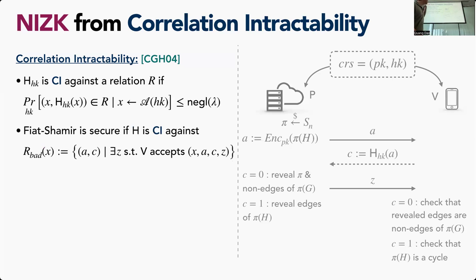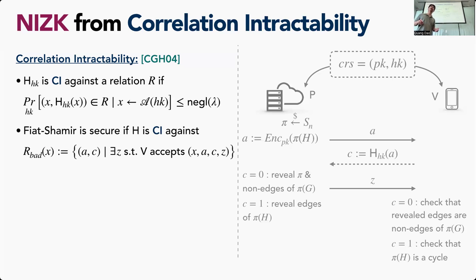The relation R that we care about for this particular example is called the bad challenge relation. For this relation, the statement is the first message, and the witness is the challenge.